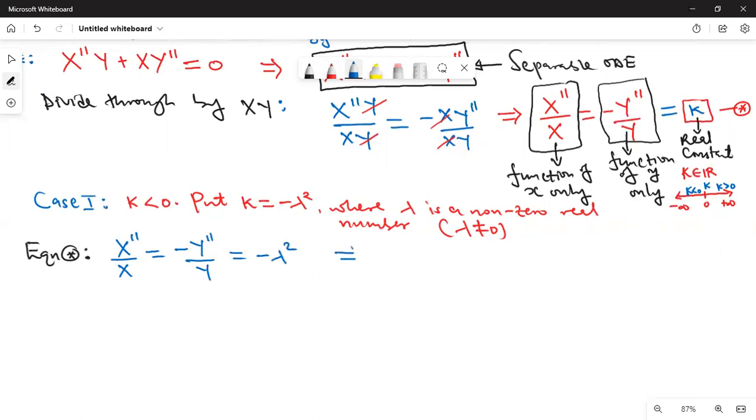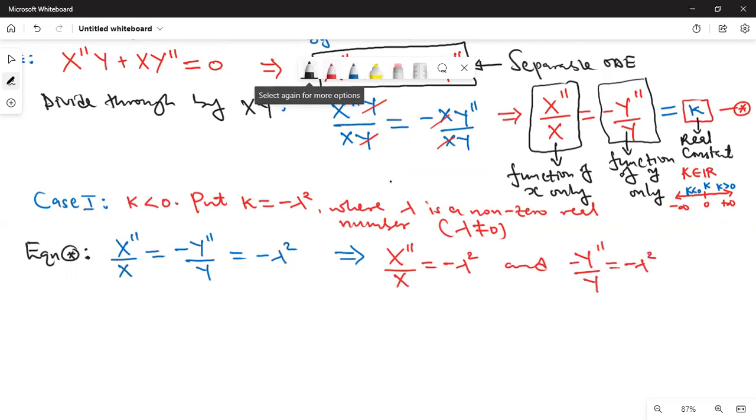From these equations, we can form a set of ODEs. The first one is x double prime over x equals negative lambda squared. Another one is negative y double prime over y equals negative lambda squared.